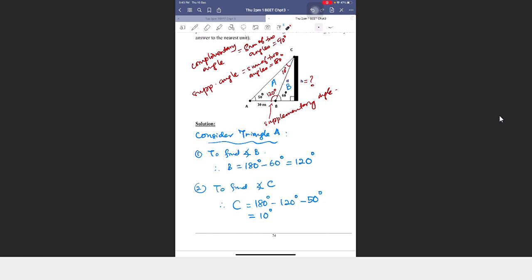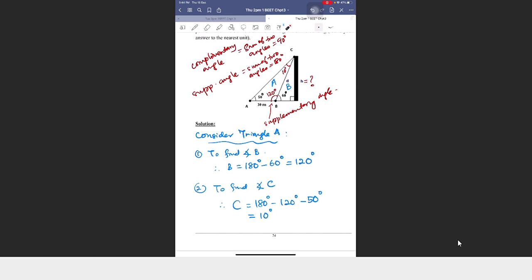It will be D over sine 50 degrees equals 30 over sine 10 degrees. That is how we establish our law of sine for triangle A to find D.